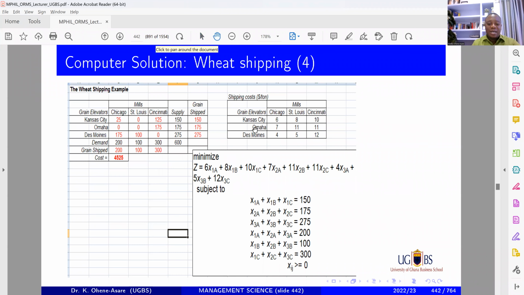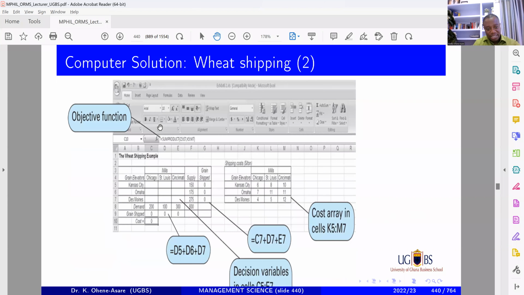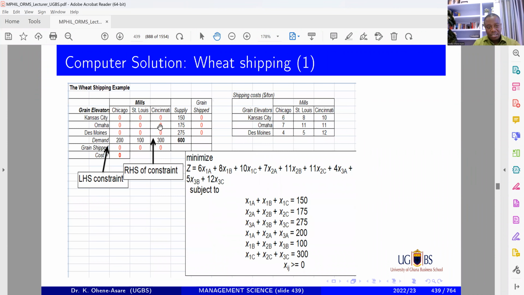So this is the workings in the Excel, and this is the solution in the Excel. Look at the results. Remember that the information in the middle here are the results. The red information were 0, 0. Let me show you where they were 0. Those were the decision variables, and the amounts shipped were zeros.